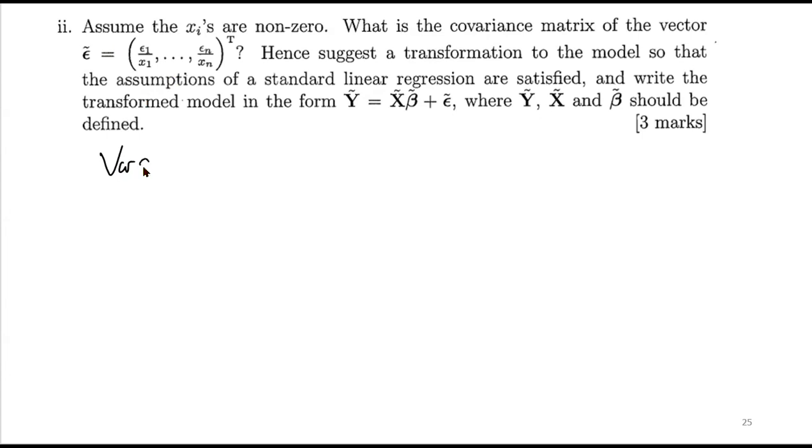Well, the variance of an individual, a scalar value here, epsilon i, since xi is a constant, known, so the variance of the epsilon i is known, and it's sigma squared times xi squared.